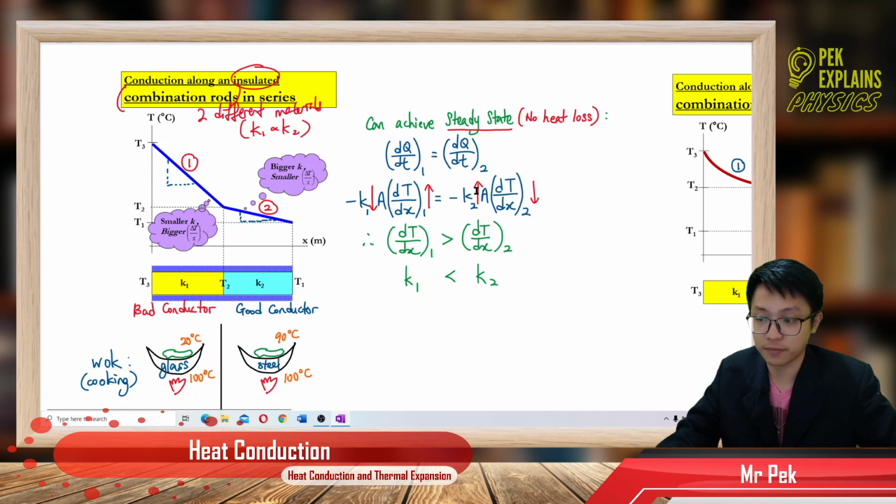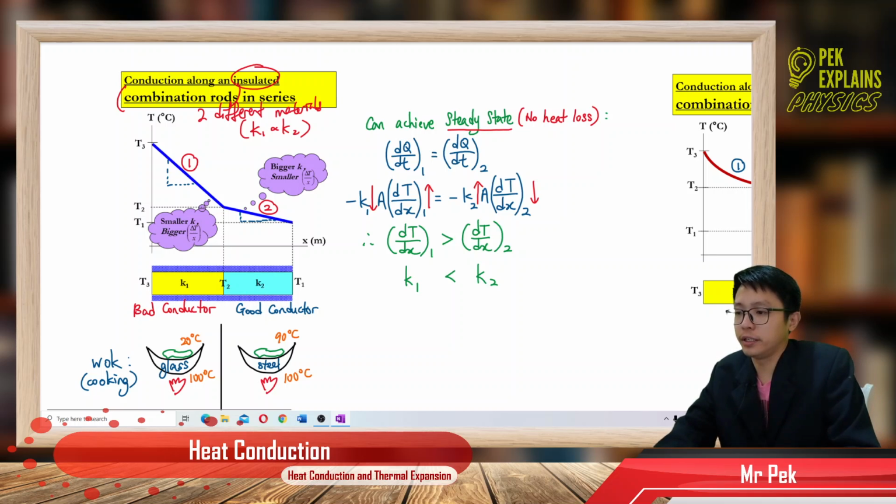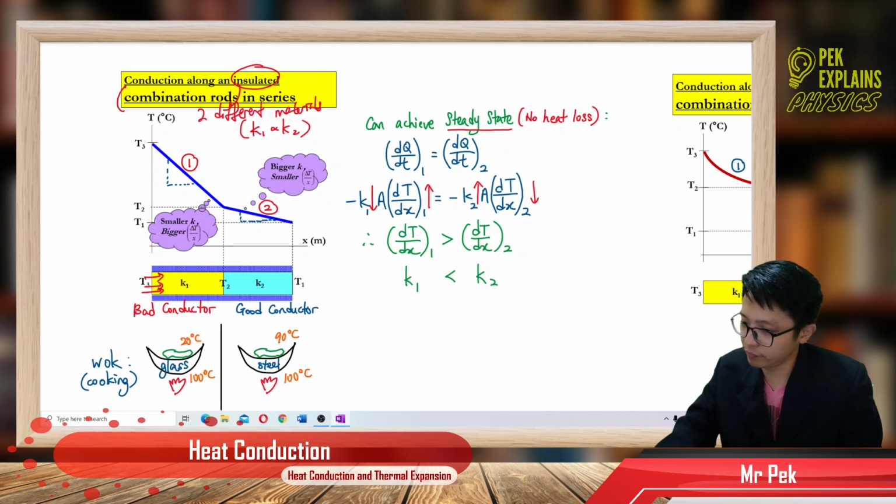Because there is no heat loss. So you see, you have two different material rods combined in series, and they are both insulated. That means all the heat that enters rod 1 will come out at rod 2 also.